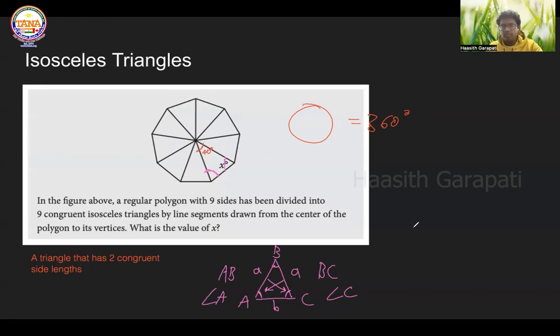Another important piece of information is that the sum of all the angles in a triangle is equal to 180 degrees. So if you did angle A plus B plus C, it would all equal 180 degrees, no matter how wide some of the other angles can be.